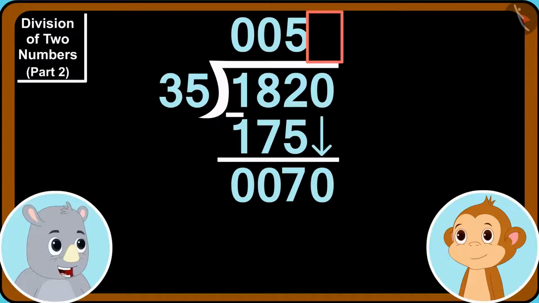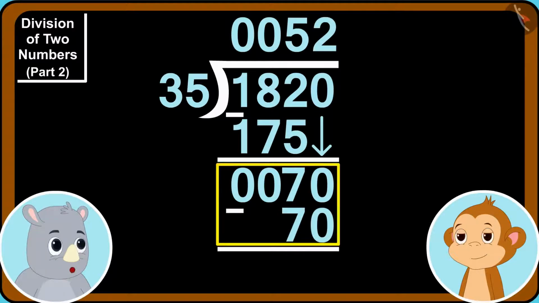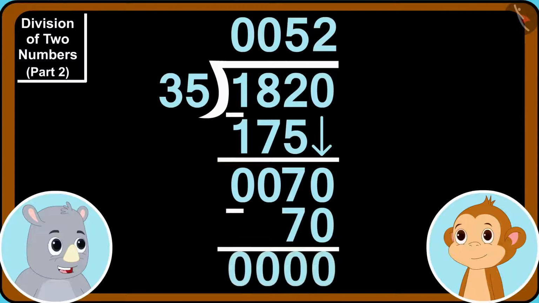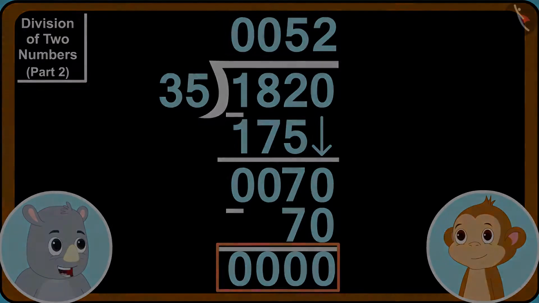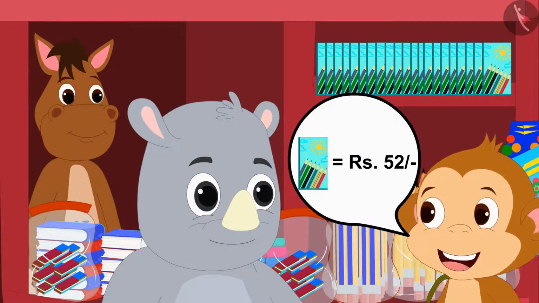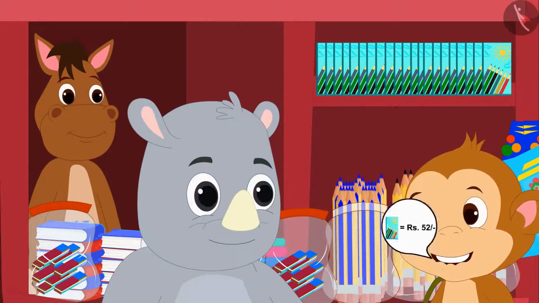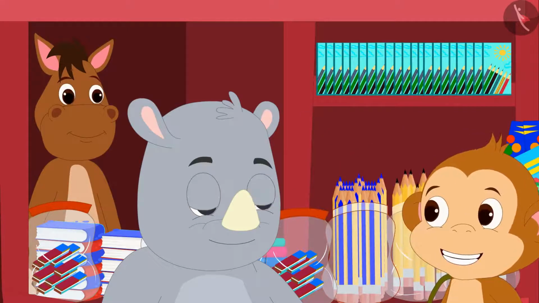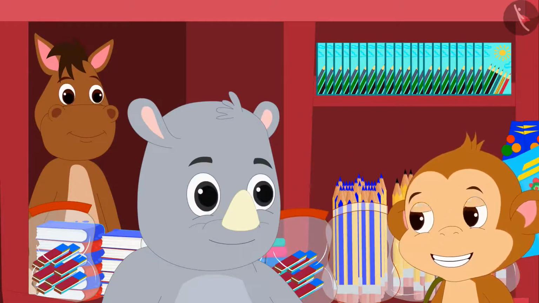So, we will now write 2 here and write 70 at the bottom. 70 minus 70 is 0. We got our answer, Babban. Gaggu told Babban. Oh goody! The cost of one color pencil box is 52 rupees. Babban told Gaggu excitedly.